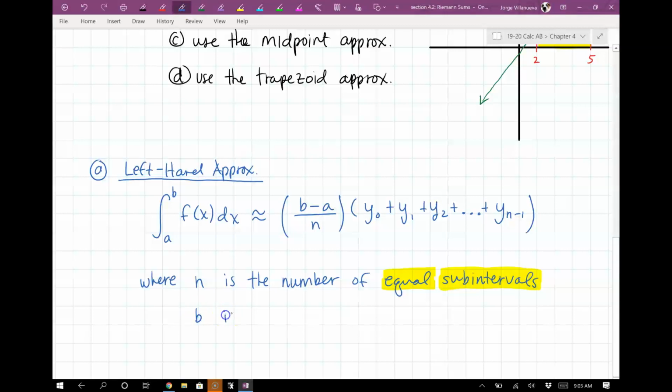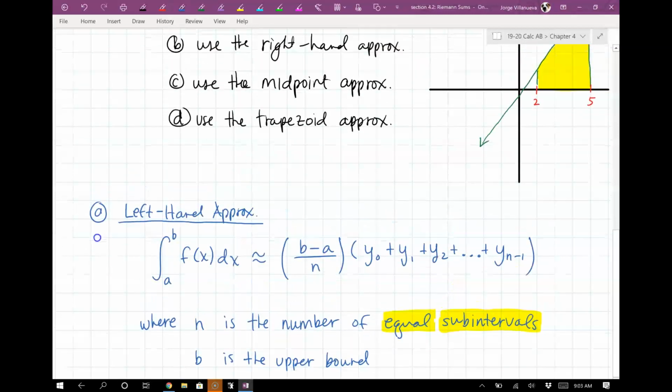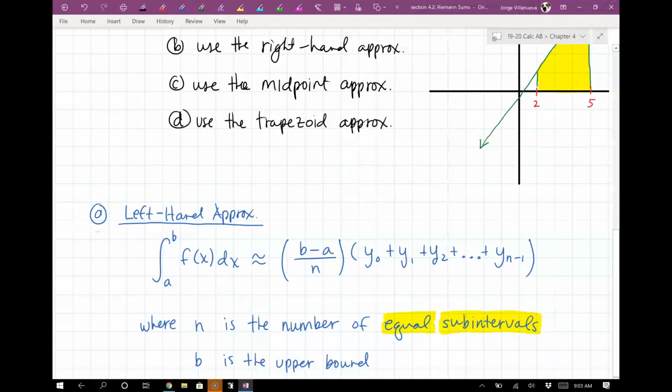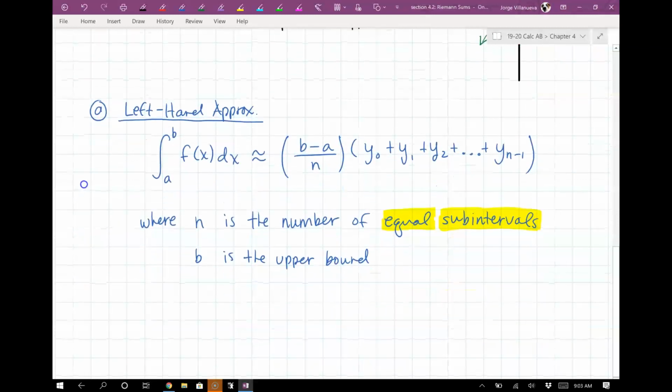B is the upper bound. In other words, the right edge of this, right? Look at the graph. From 2 to 5, I have 2 on the left, 5 on the right. So B is the upper bound, in other words, the right side of it. And A is the lower bound.